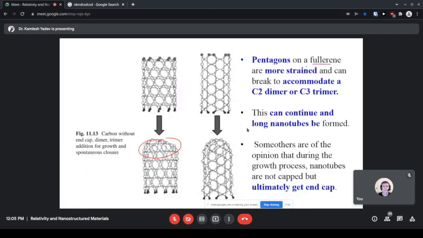There is formation of the first fullerene, then these pentagons are very strained, and there is accommodation of C2 and C3 dimers and trimers. In this way it grows on and forms a tube-like structure, and ultimately we obtain a carbon nanotube.